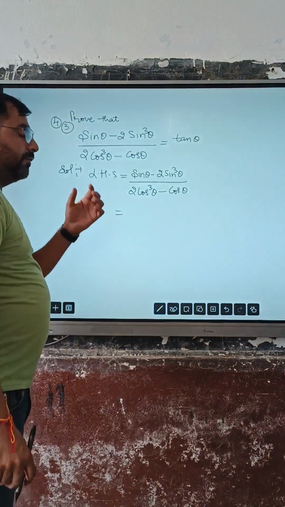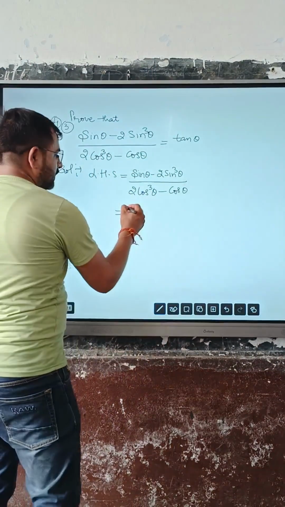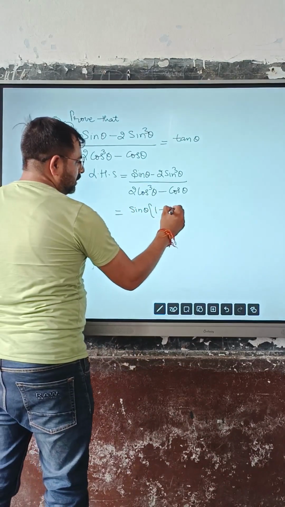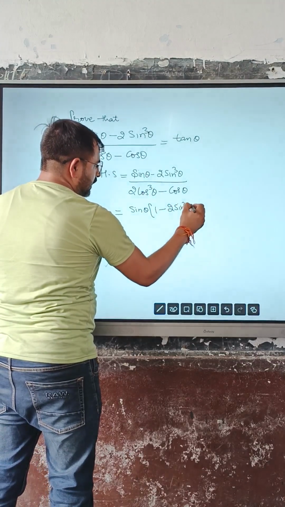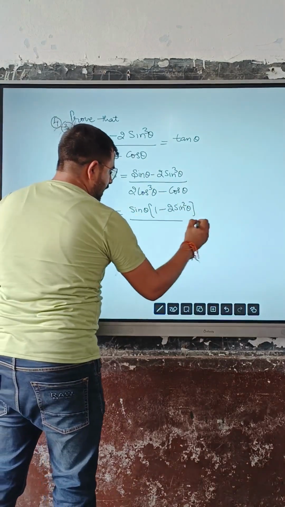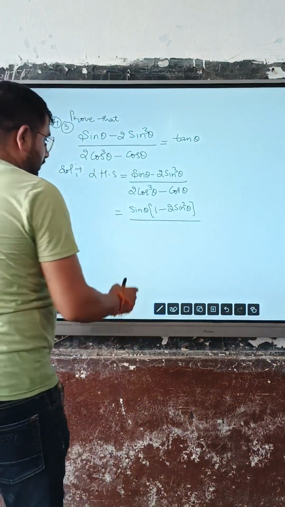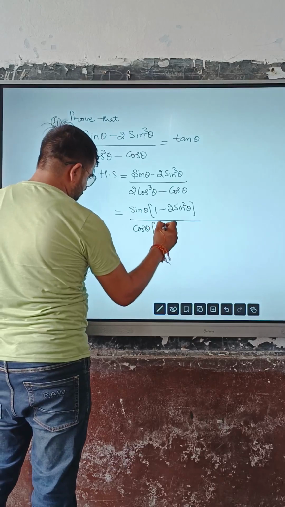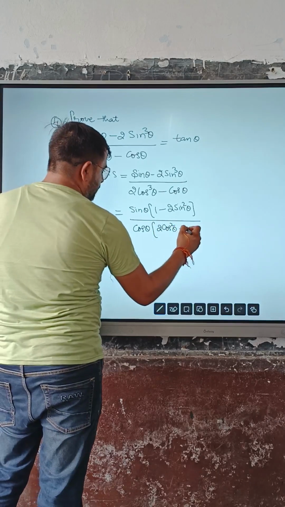So from the numerator both the terms have sin, so we can take sin as common. So that expression is 1 minus 2 sin square theta, and in the denominator both the terms have a cos, so we can take cos as common and the expression becomes 2 cos square theta minus 1.